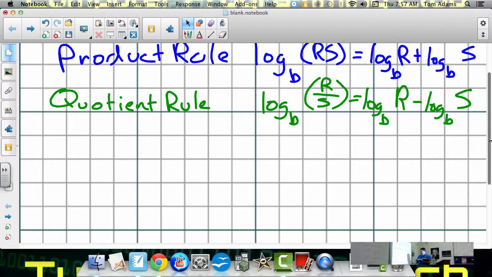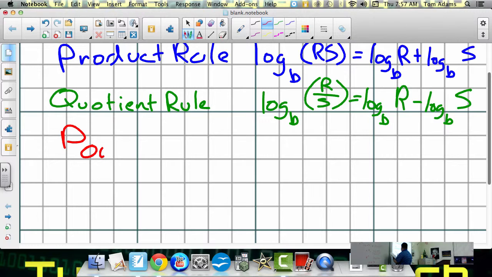The next one is the power rule. That's if you raise something to a power. This one we already know because Mr. Adams has already kind of taught it to you. If I have R raised to some power of C, we could take that C and toss it to the front.